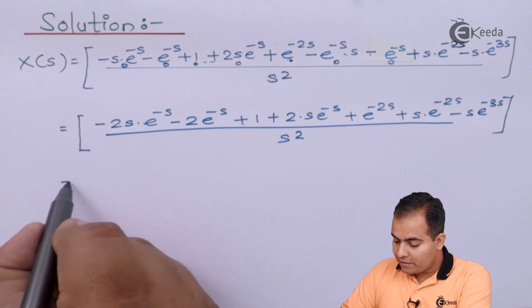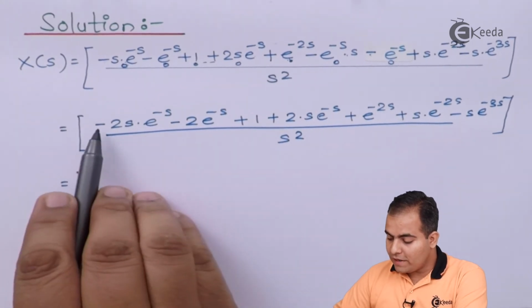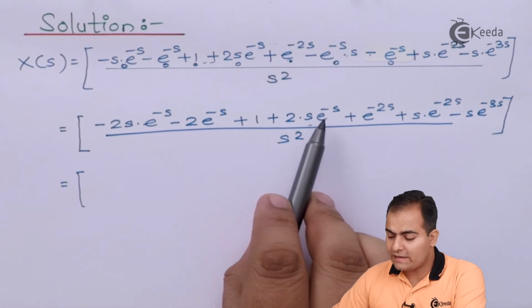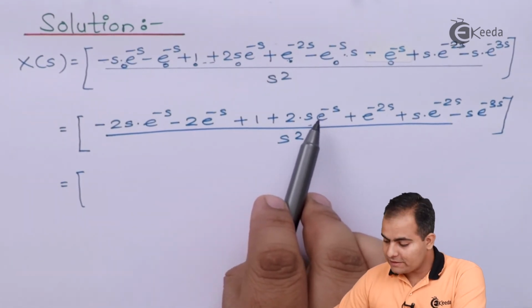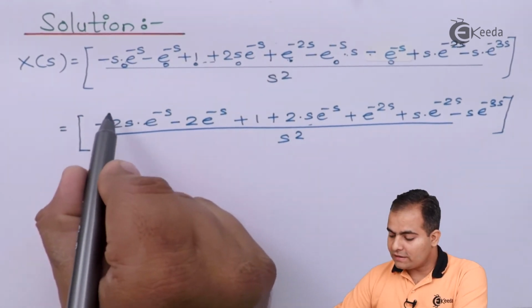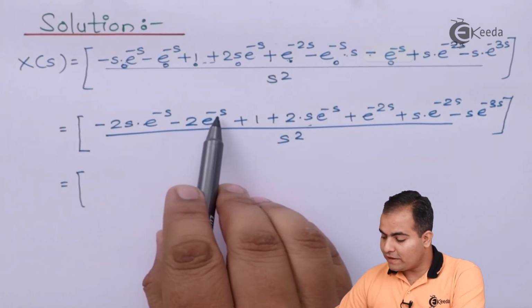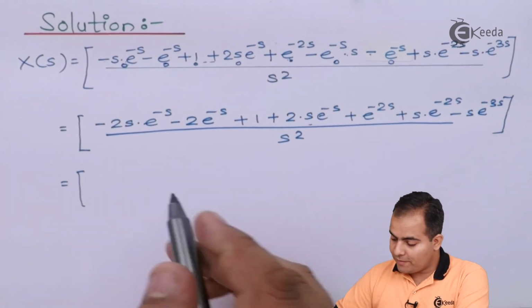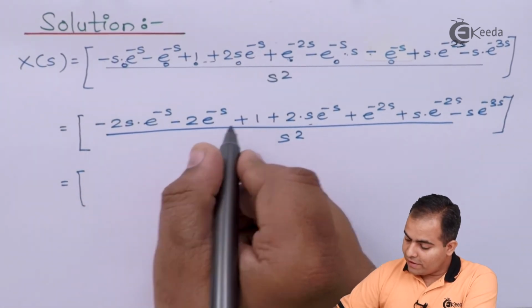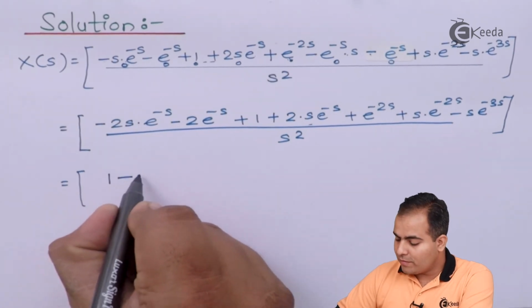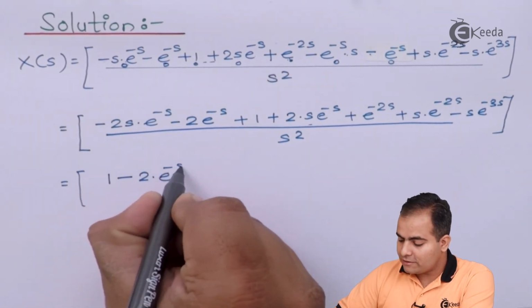Now look here. Can I say that minus 2s e to the power minus s and plus 2s e to the power minus s will get cancelled? Of course, yes. So you can say that these two terms will get cancelled. Now next one, twice of e to the power minus s is not there. So I'm going to write here, first 1. It is not necessary, but still I'm writing minus of 2 e to the power minus s.